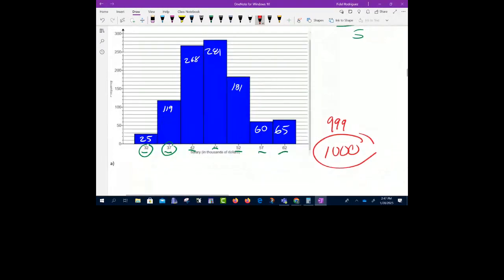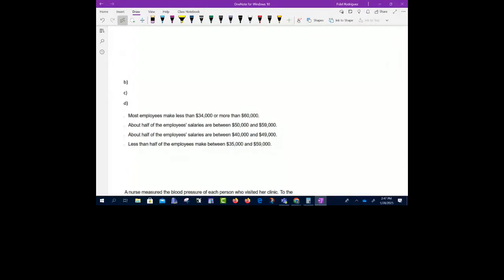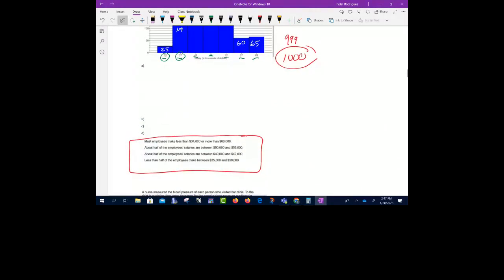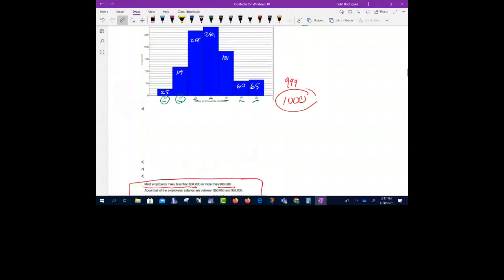Okay, now these are going to be my choices, y'all, for our answers for part D. So we want to guess here. Look what it says. Most of the employees make less than 34,000 or more than 60,000. Okay, so let's see if that's accurate. Y'all, I'm going to come back over here. Less than 34,000.